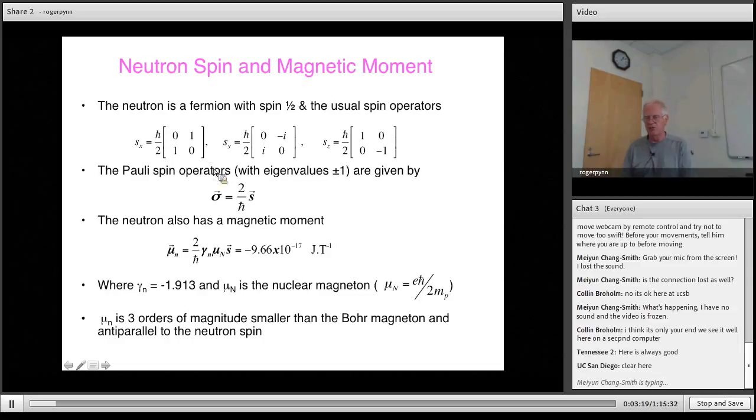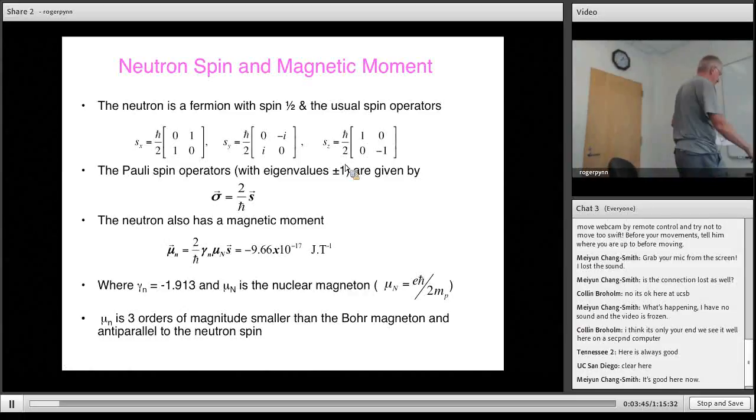Normally what we do is to take out this factor of h bar over 2, multiply it through here so that it cancels out, and produce this thing called the Pauli spin operator, which then has eigenvalues of plus or minus 1.